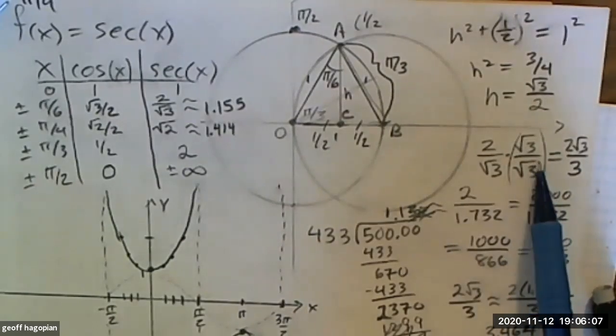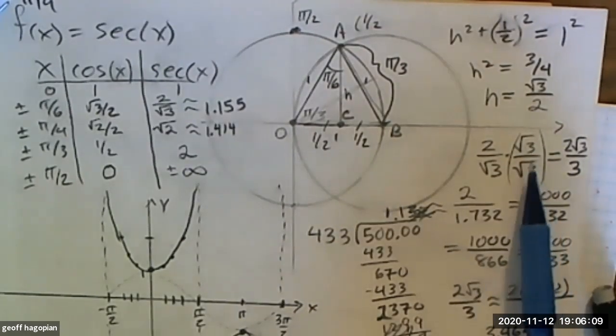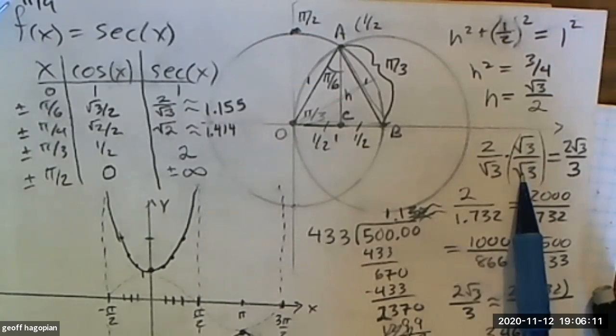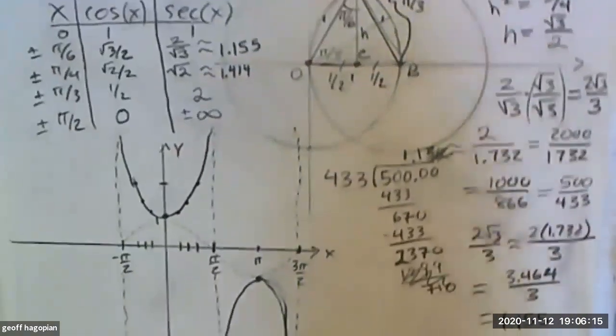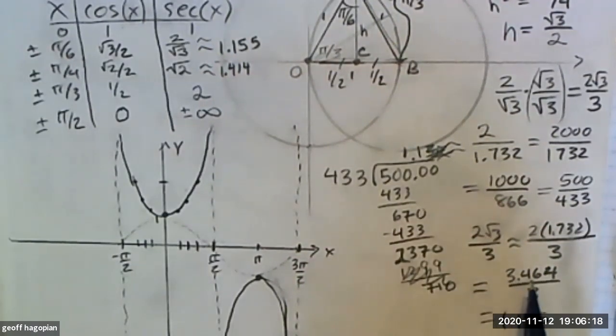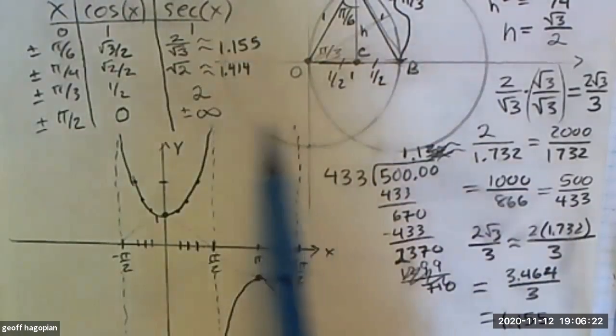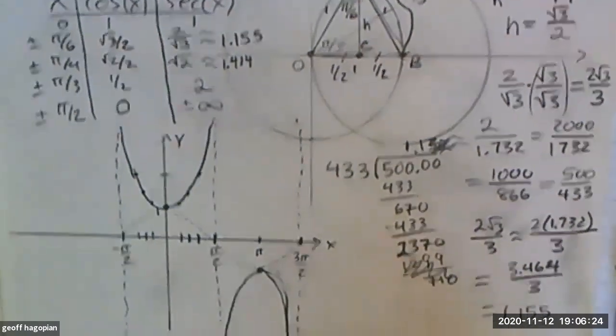Whereas if instead you rationalize the divisor by multiplying by 1 in the form of √3 over √3, then you get twice √3 over 3. It's easy to approximate twice √3, that's 3.464. And then it's easy to divide that by 3 and you get a value of 1.15, et cetera.